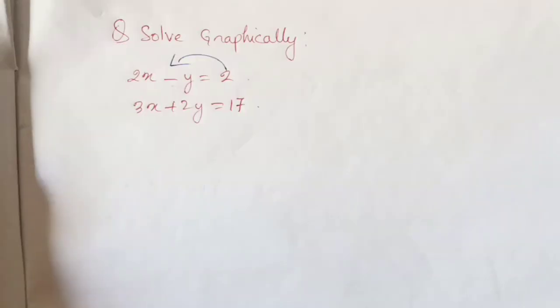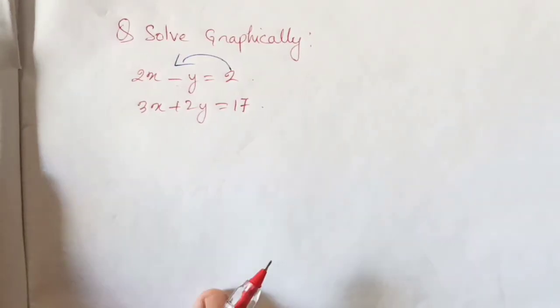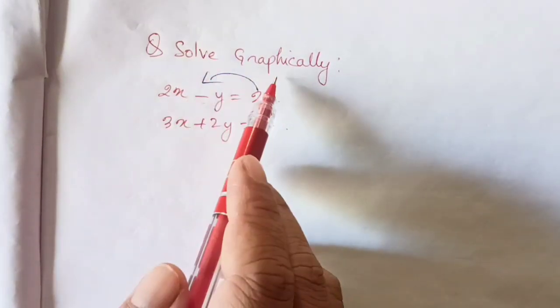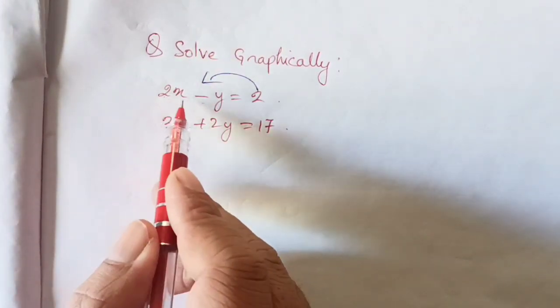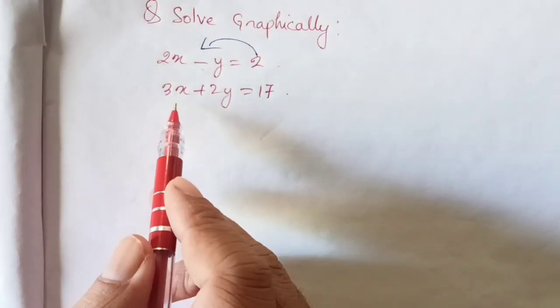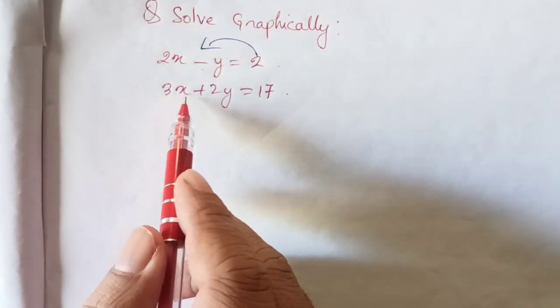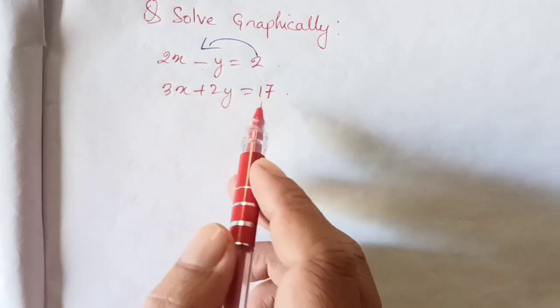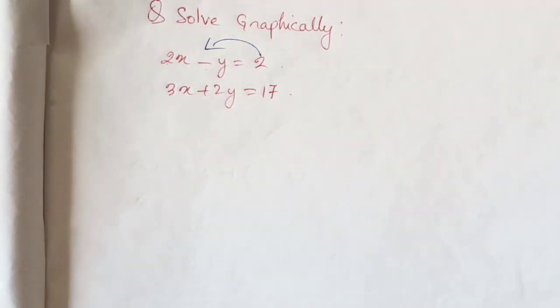Okay, then let us take one example. Now I take one example that is solve graphically: twice x minus y equal to 2. Then the second equation is thrice x plus twice y equal to 17.